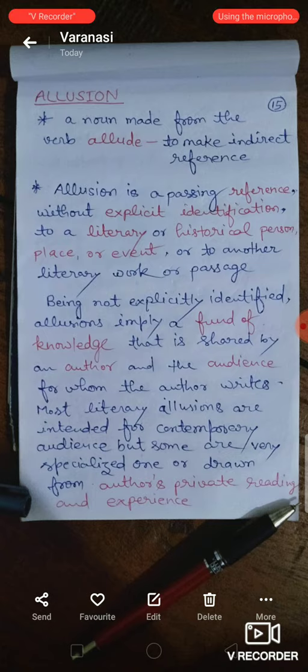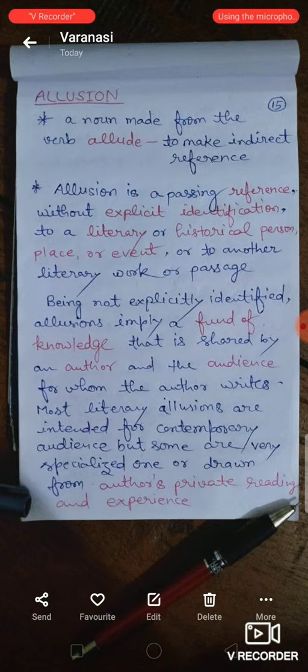And this reference can be literary, or it can be historical. When we talk of historical, then we can talk of a person or a place or event. These all can be contextualized in a different manner as an allusion, or to another literary work or passage, where another literary work is also being referenced indirectly.